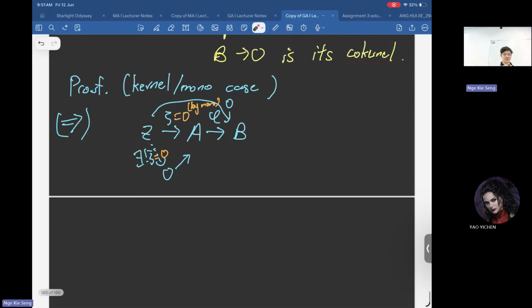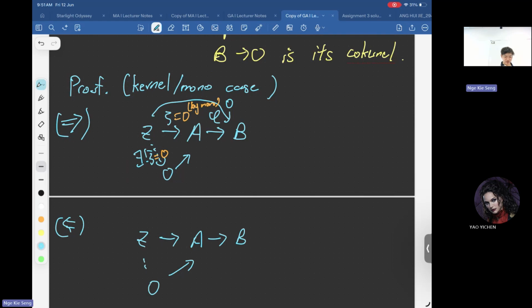How about the other direction? Assume you have the kernel picture here. How do you show that this map C here is always 0? Maybe you should think about this unique map, what it could be if this is the kernel.